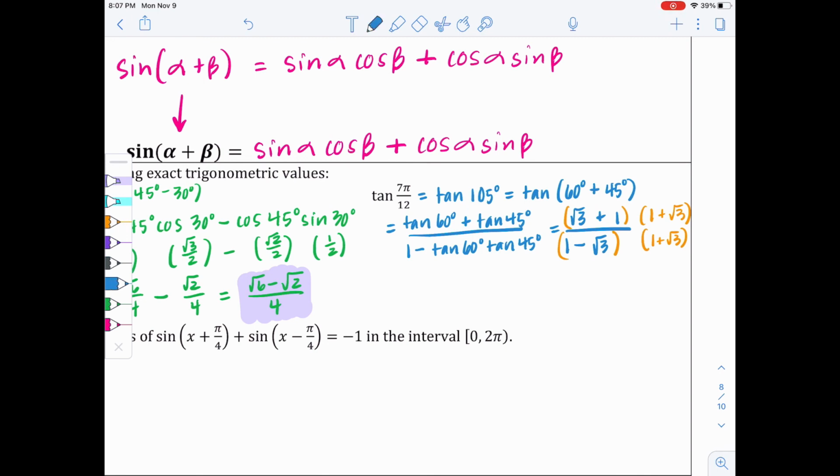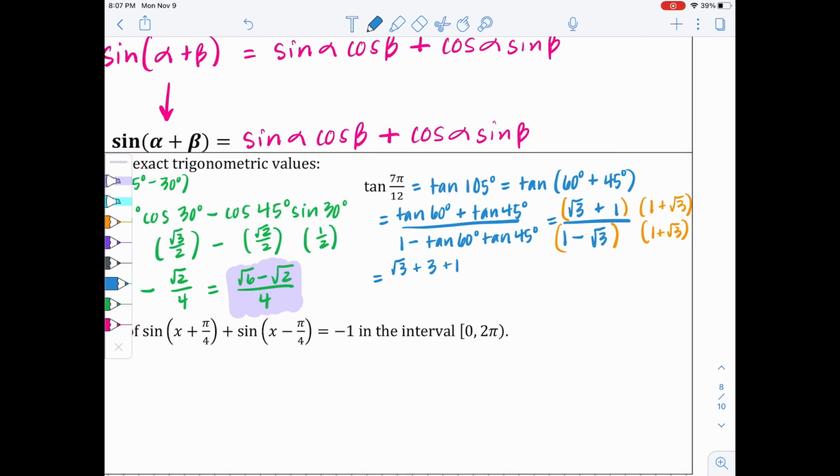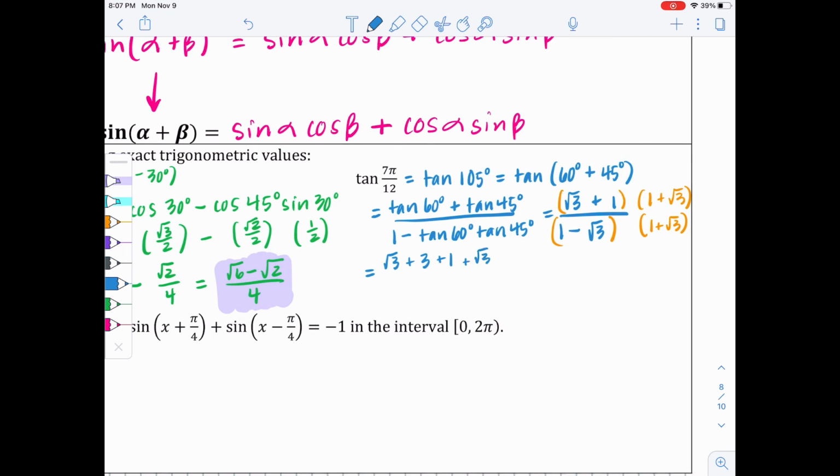So now I'm going to FOIL everything on my top and FOIL everything on my bottom and clean that up. When you FOIL together conjugates, the middles will always drop out.